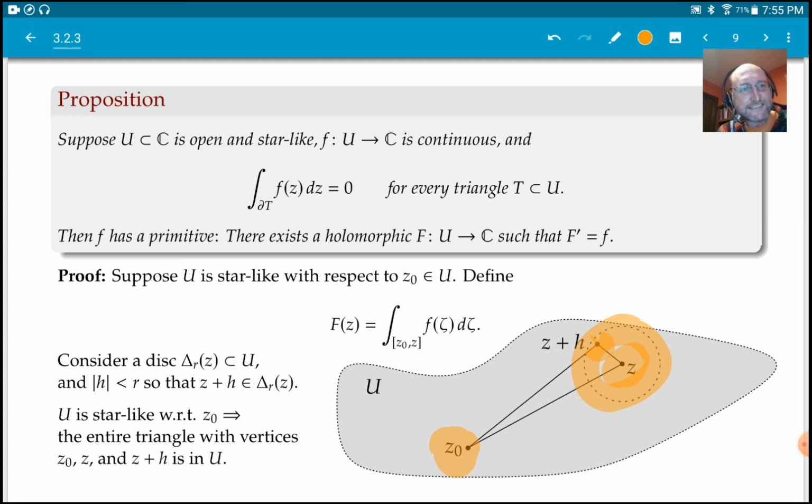Since U is star-like with respect to Z0, and the entire segment from Z to Z plus h is inside this disk, therefore it's in U. Basically, every straight line over here is inside U, meaning the entire solid triangle is in U. The triangle has vertices Z0, Z, and Z plus h.